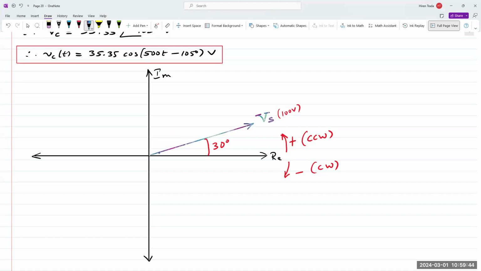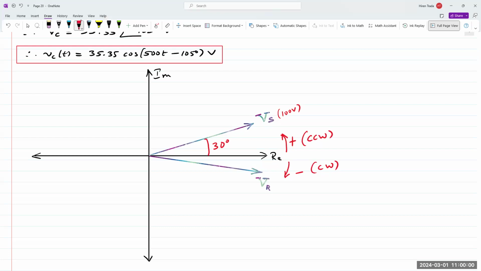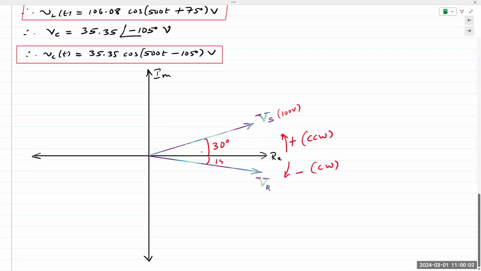So that should be somewhere here. So this is VR and this is minus 15. I would not put a minus here because this is simply an angle. The minus would be obvious because my real axis is 0 degrees. So this is simply an angle of 15 degrees.